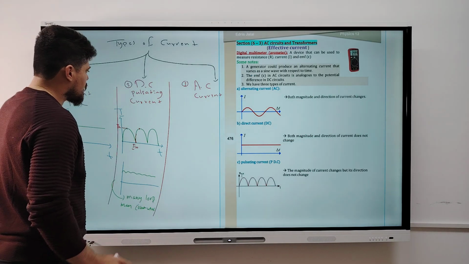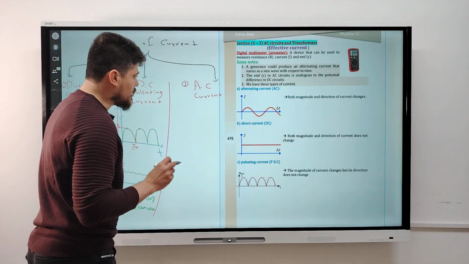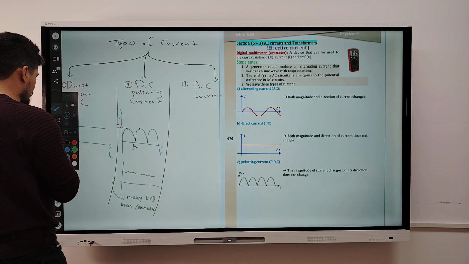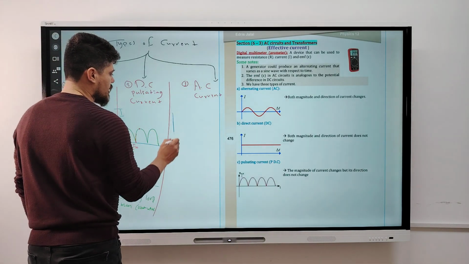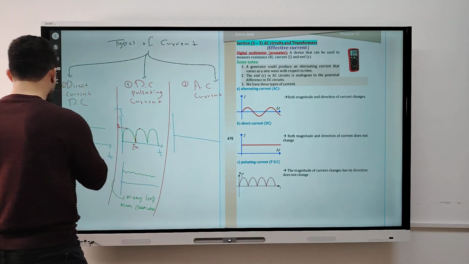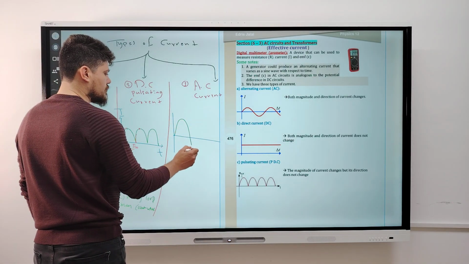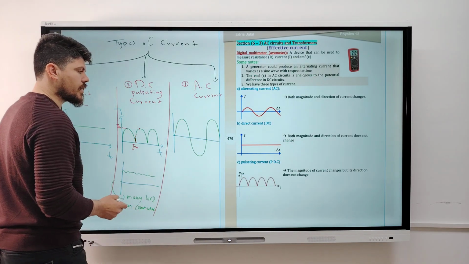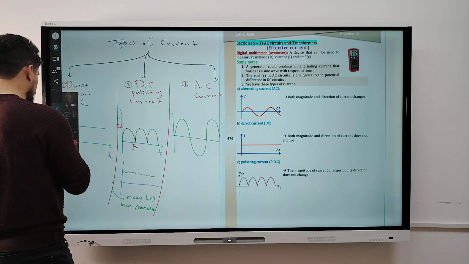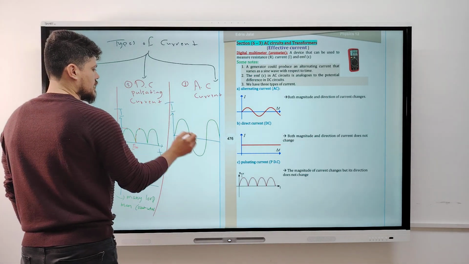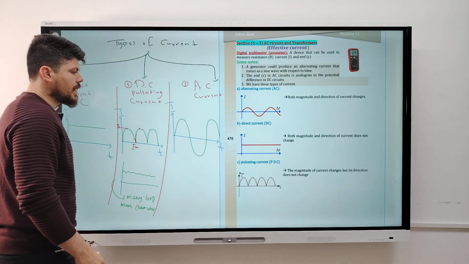Okay, so the third example of current is AC current. In AC current, the magnitude and direction of the current changes. Both magnitude and direction change. Okay, so what is this? This is current per unit of time.